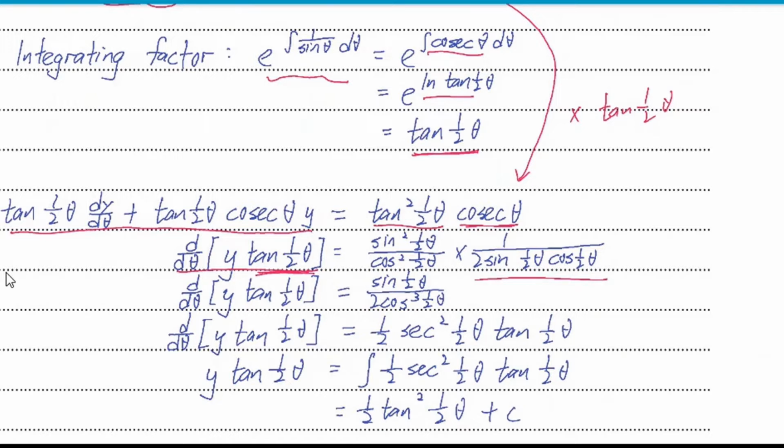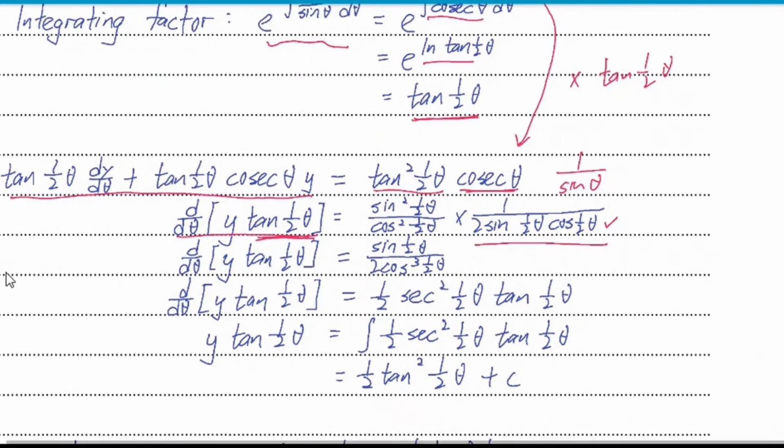Of course, cosecant theta here is 1 over sine theta. So we use the double angle formula to give us 1 over 2 sine half theta cos half theta, in which we could cancel off some of the things. So we can cancel off the sine, and this is what we get.